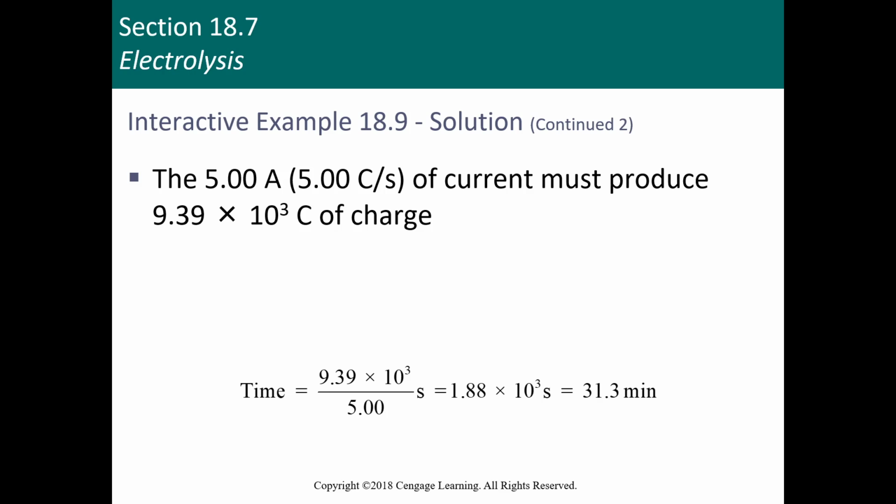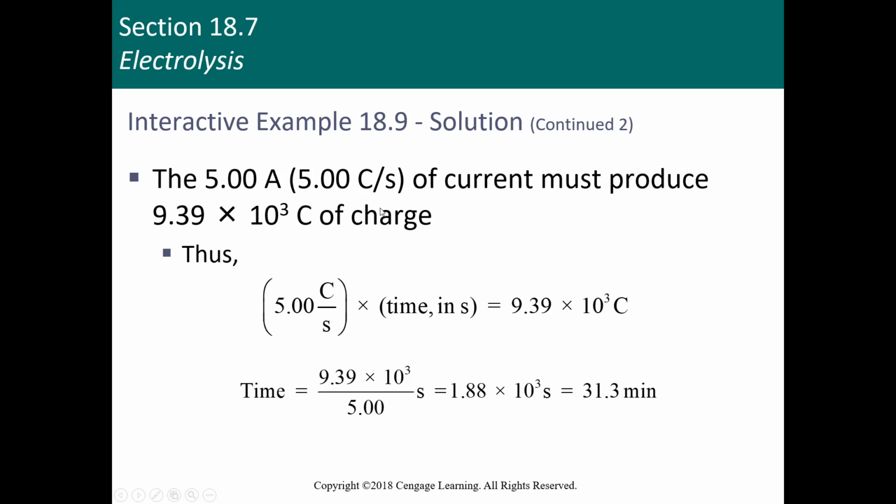So an ampere is a coulomb per second. So the 5 ampere of current must produce 9.39 times 10 to the third coulombs of charge. And so we take that 5 coulombs per second, times time in seconds, will equal our number of coulombs.